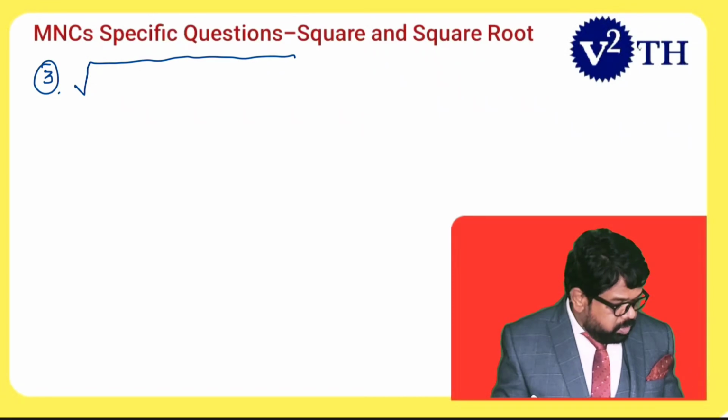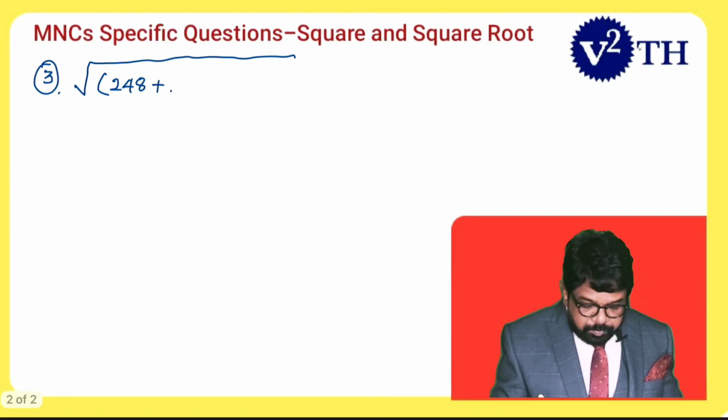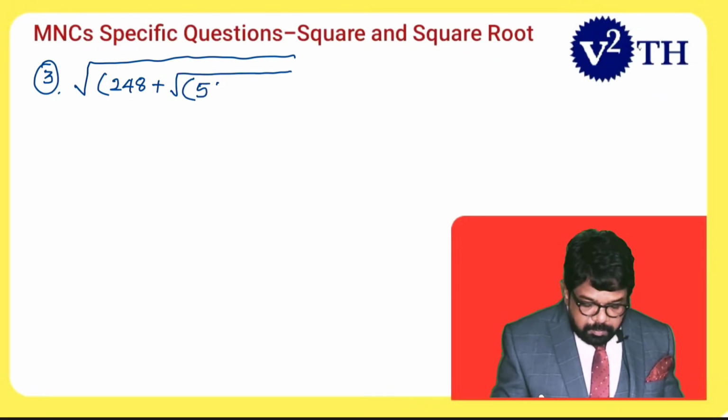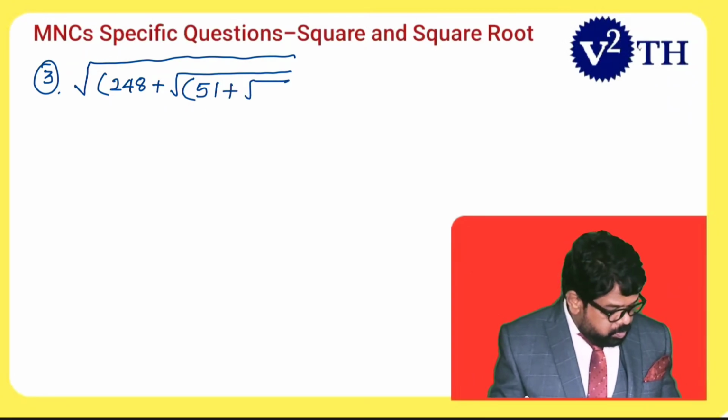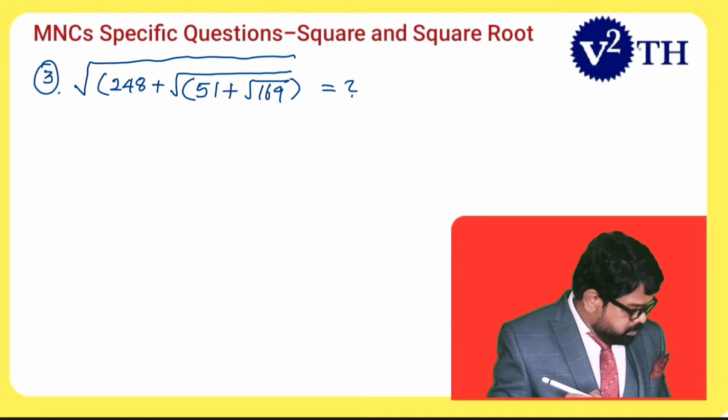Here it is given: square root of 248 plus square root of, within the bracket, 51 plus root of 169. So what is the value of this? How can you calculate it?